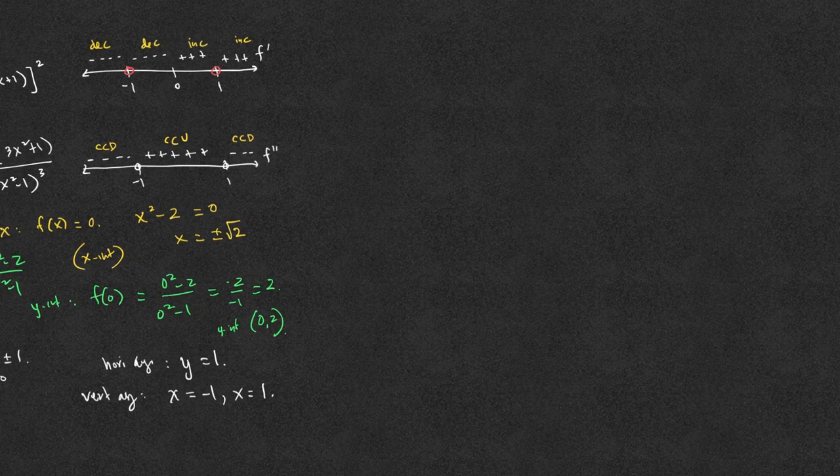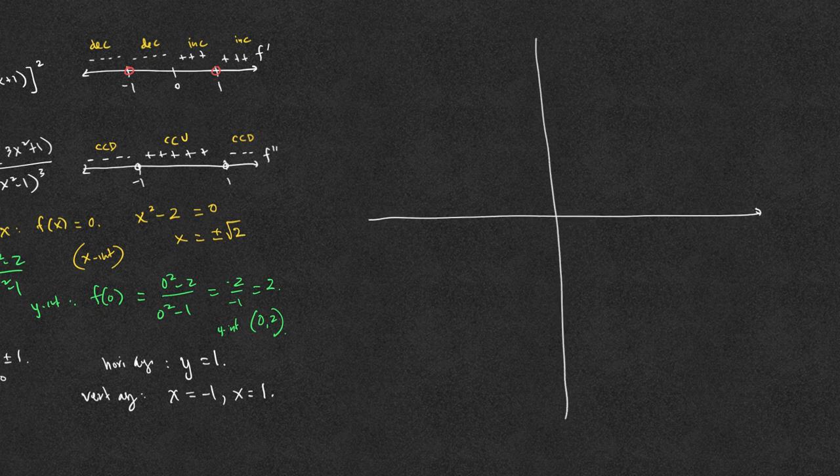To sketch the graph, we start with the x and the y axis and we label any vertical asymptote. The vertical asymptote occurs at x equals negative 1 and x equals 1. Label them clearly. These are not part of the graph.